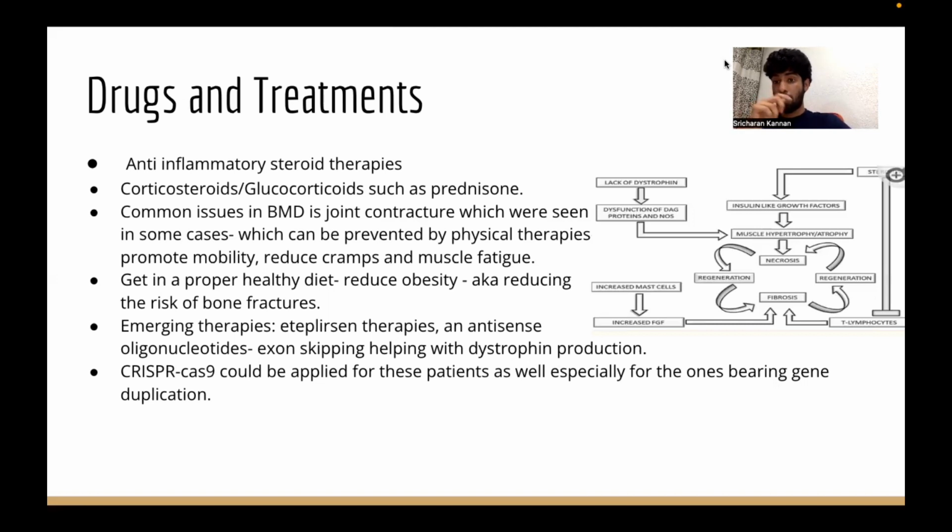This connects back to what we've learned in DMD: certain physical therapies help decrease inflammation, and that might help cool down the sarcolemma region and thus benefit the patient.